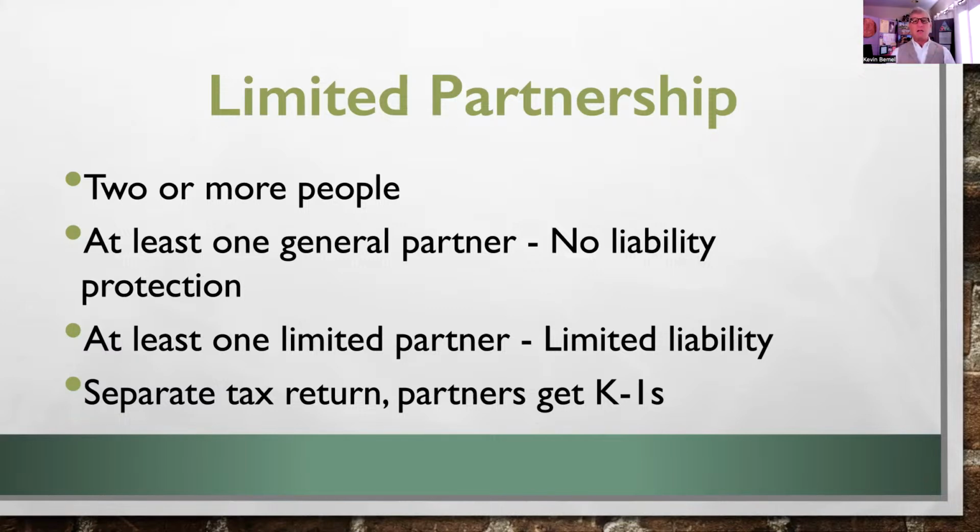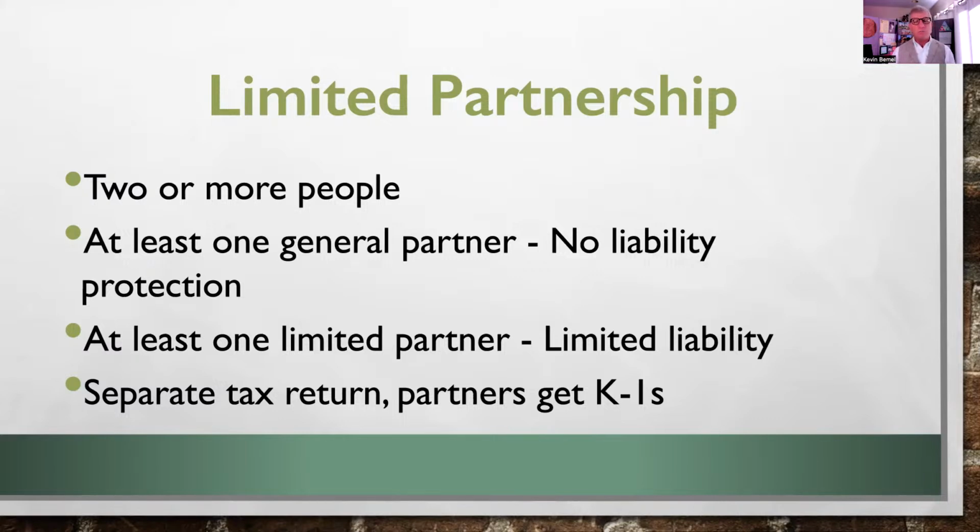All the income of the partnership that is distributed to the partners, in the case of the general partners, maybe they're taking a salary, so they'll pay just regular taxes like they would on any salary they get. And then any profit that the limited partnership has at the end of the year will be taxable to the partners, actually, whether they are paid that money or not, because the limited partnership does not pay any income taxes.